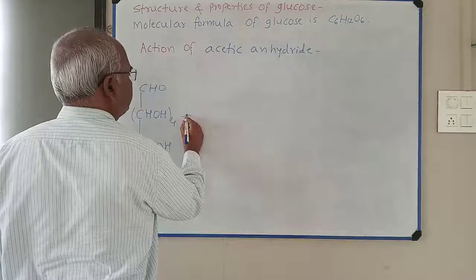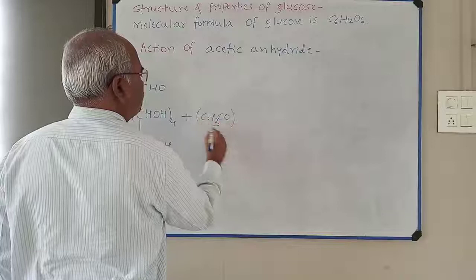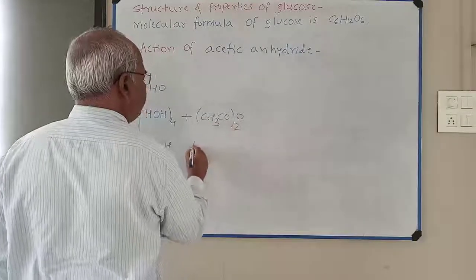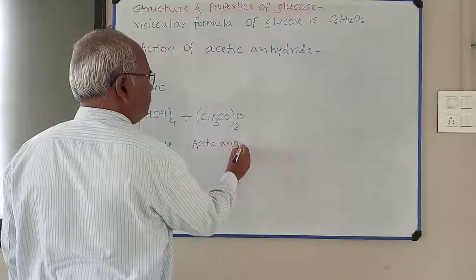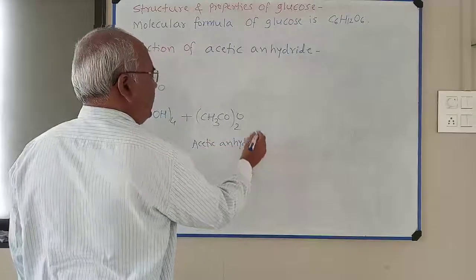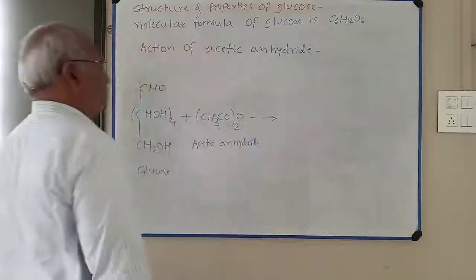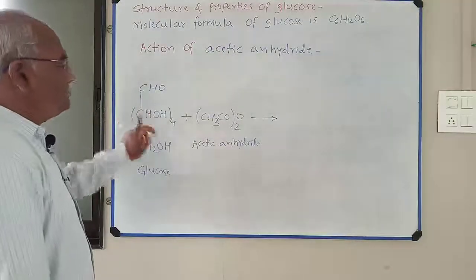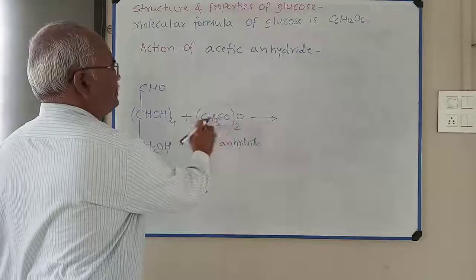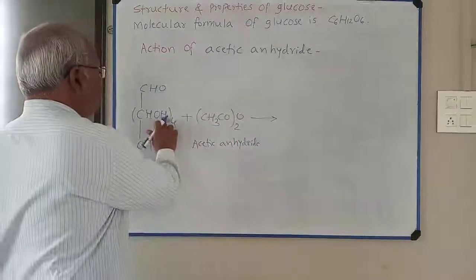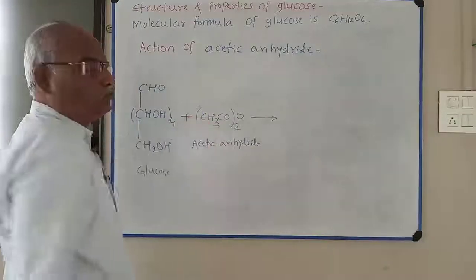This glucose reacts with CH3CO 2 times O, acetic anhydride. Acetylation of glucose is carried out. The hydrogen atom of OH group is replaced by COCH3 group.